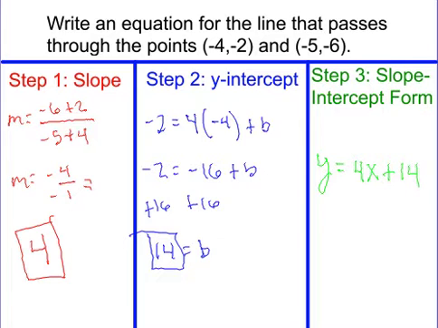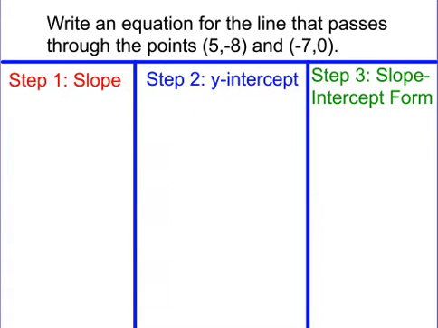All right, we've got one more like this to work through. I'll give you a head start on this one. See if we come up with the same answer.